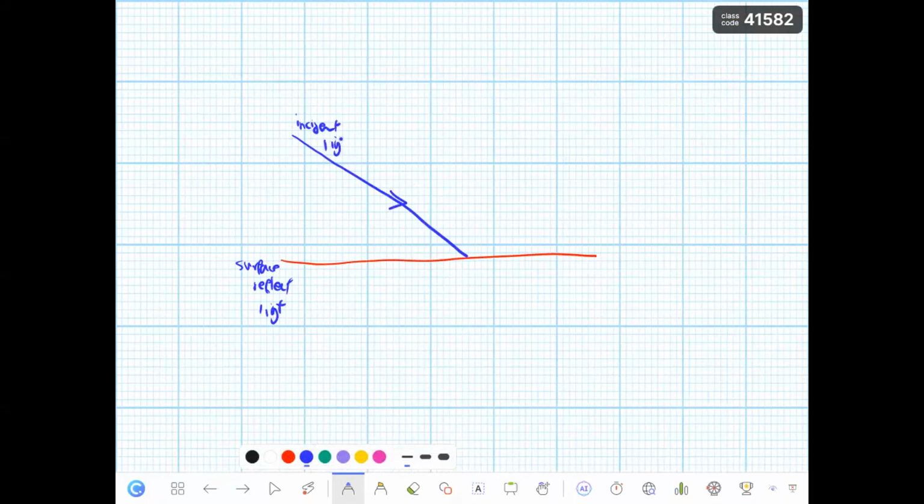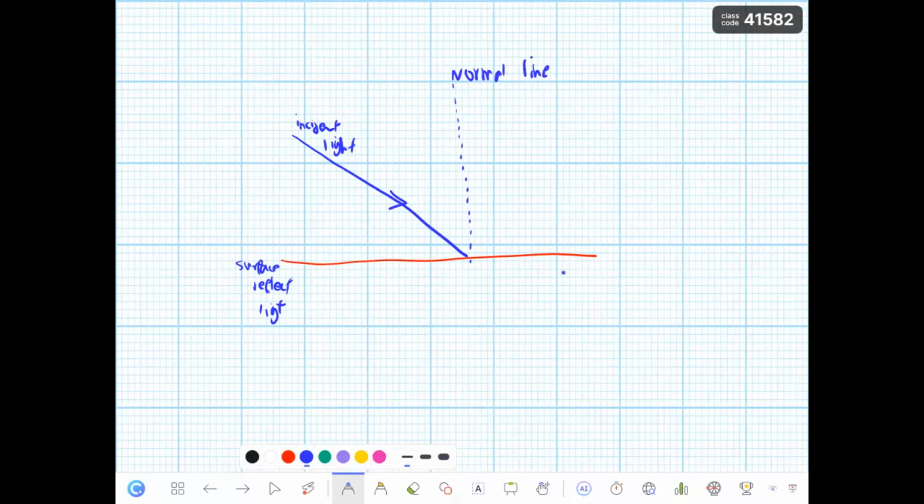So I define a new line. I call this line the normal line. What is this normal line? The normal line is the line which is always perpendicular to the surface, to the plane surface. Good.